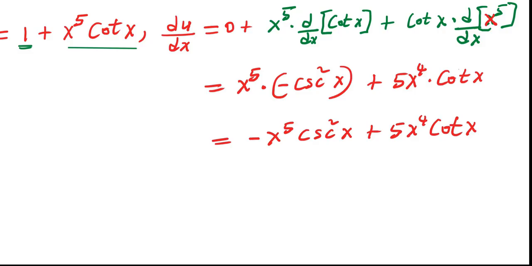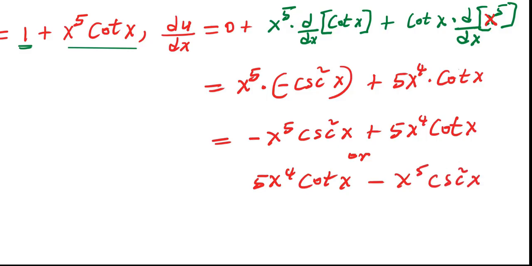And since we have a negative sign at the beginning, we can rewrite this, bringing in the positive part first: x to the 4th power cot x minus x to the 5th power cosec squared x. So both of them are the same, but it's better we have the positive side first. All right, so let's keep this.